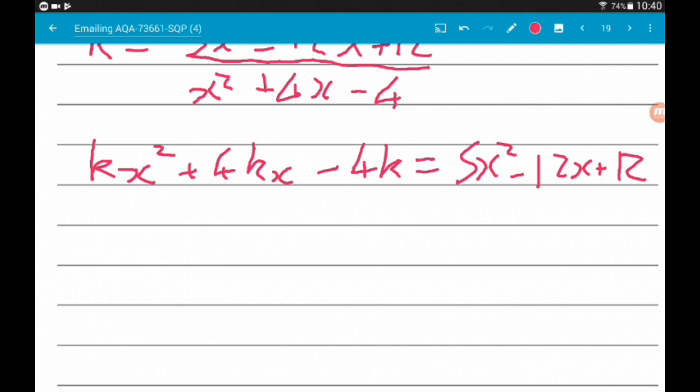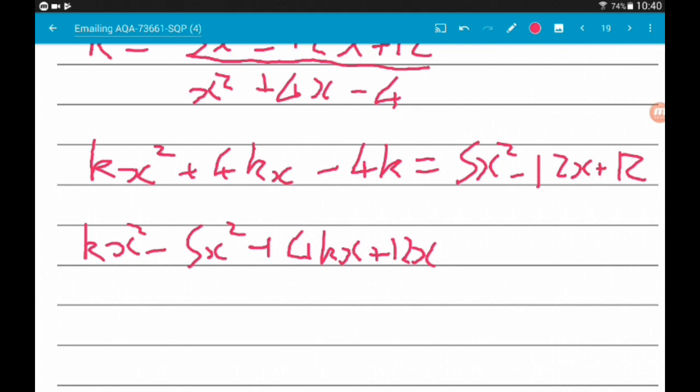So I'm going to take away 5x squared, so I'm going to have kx squared minus 5x squared. And I'm going to add 12x, so I'm going to have plus 4kx plus 12x.